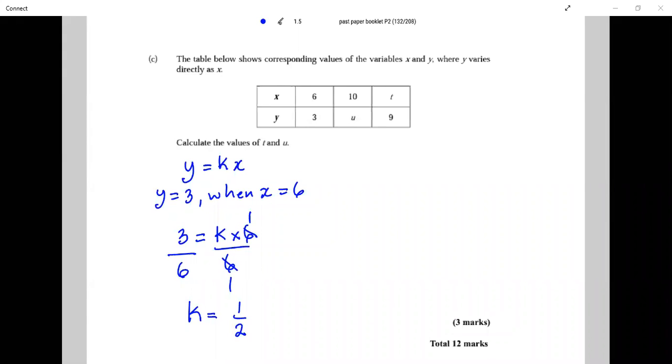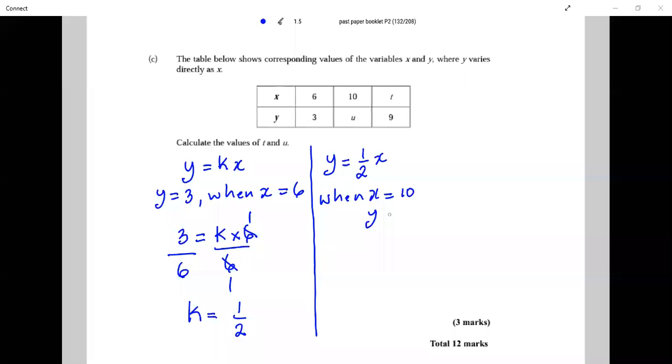Step 3, I must rewrite the equation and put in this new value of k. So now I have y is equal to k, which is a half x. Now step 4, I'm either going to be given a value of x to find y, as in when x is equal to 10, y is u.